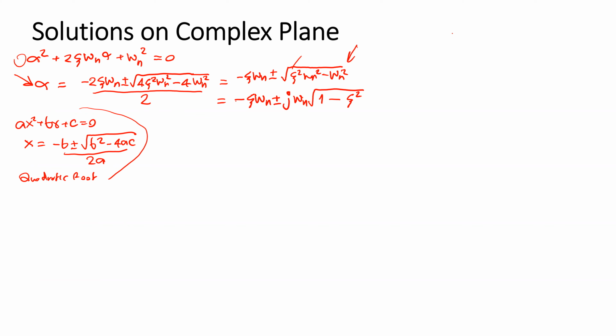So I switch the order of the terms and have the imaginary j, and omega n squared brought out from the square root becomes omega n.